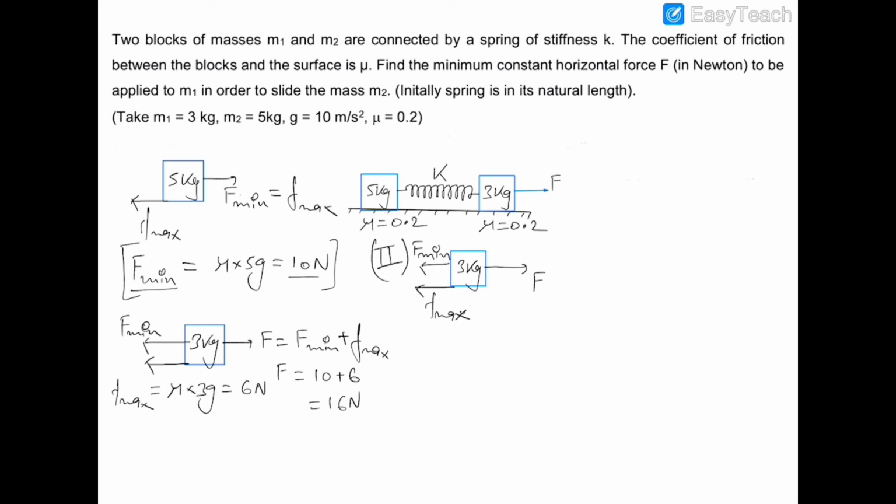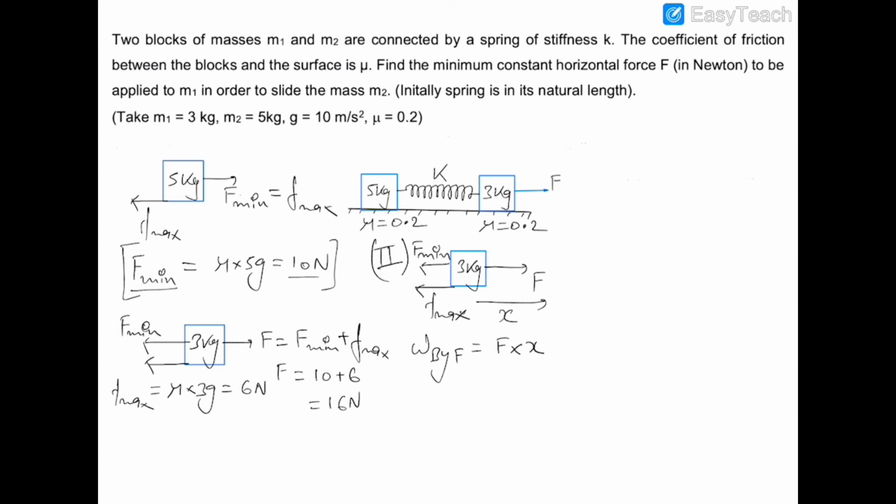Now we are assuming that this 3 kg block has moved by a distance of x due to this force F. So work done by F will be F into x, and till this time this 5 kg block, which is placed behind the 3 kg, will not move, because the condition says that we have to move that 5 kg block. So only this end of the spring has moved by a distance of x in the direction of F.